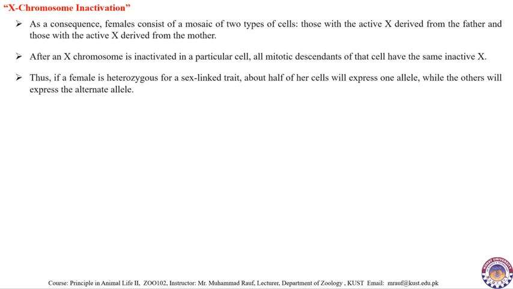Suppose the female received a defective X chromosome from the father. That defective X chromosome will become inactivated in some cells and it will be active in other cells. So there will be some cells in the female's body where that trait will be expressed, and some cells where that trait will not be expressed.